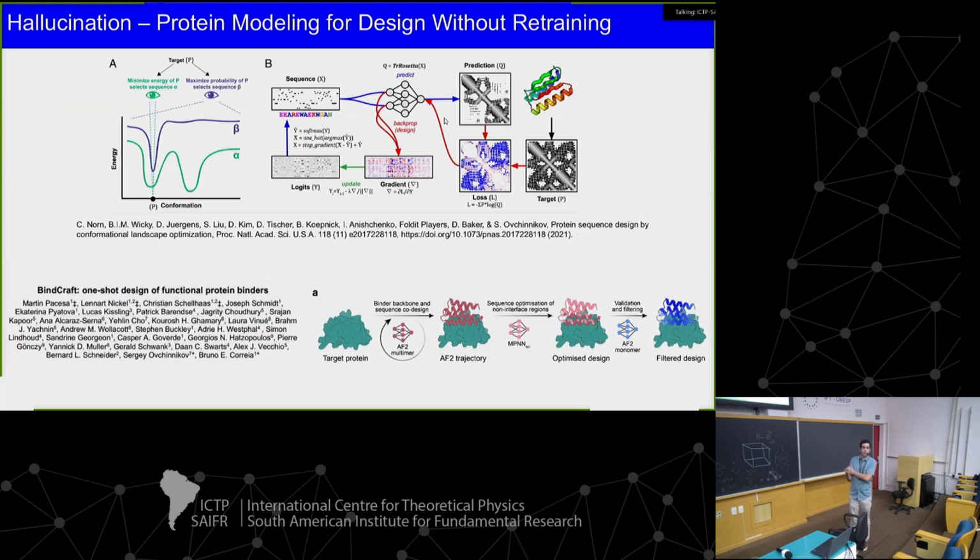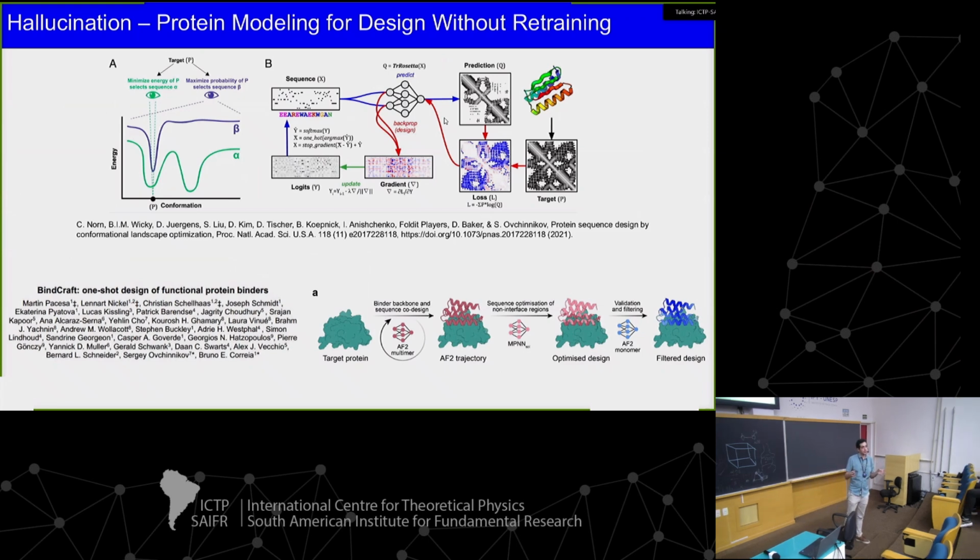We don't need to retrain the modeling approach, but you train the relation of sequence. So you are changing the sequence and you are seeing the structure. This is different from methods that just use a fixed backbone structure to generate sequence. Because it's possible that when doing this fixed backbone approach, you can obtain a sequence like this one.